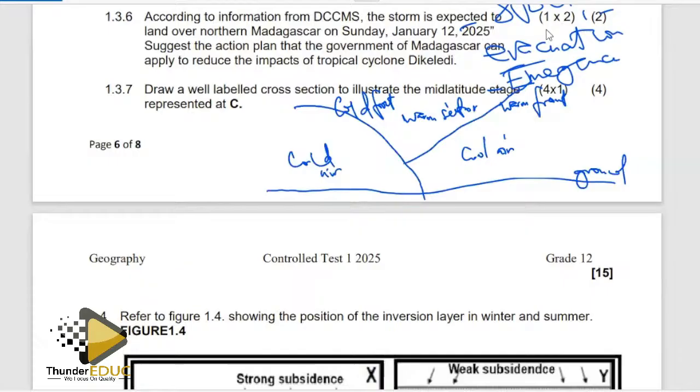You should illustrate the air on the western side and the air on the east, and you must also illustrate the warm sector and indicate the direction of movement of the weather system like that. That is basically what is required by the cross-section. The cross-section requires you to illustrate an occluded stage of the weather system.